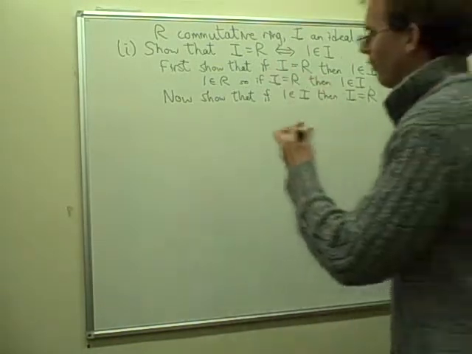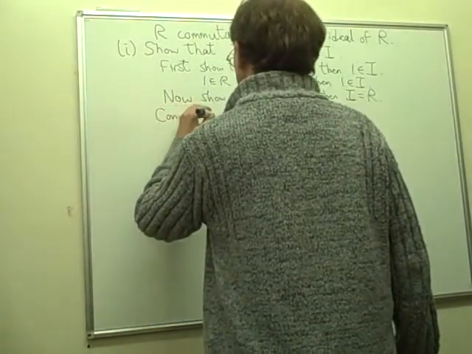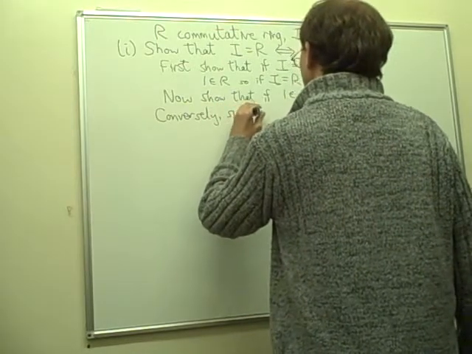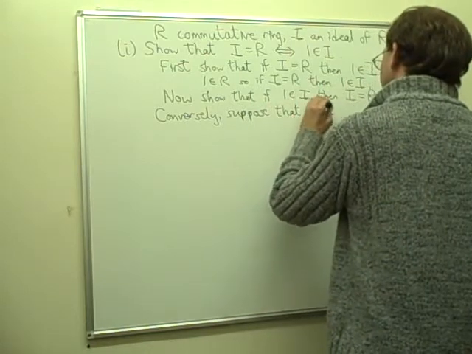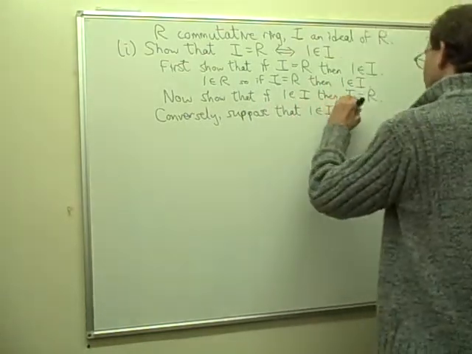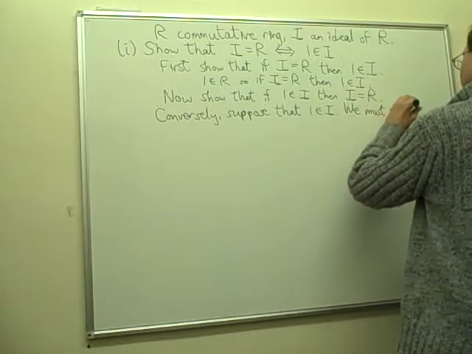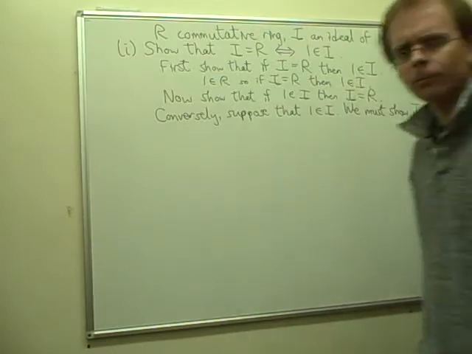I could just write, conversely, suppose that 1 is an element of I, then what we want to deduce from that is that I equals R.